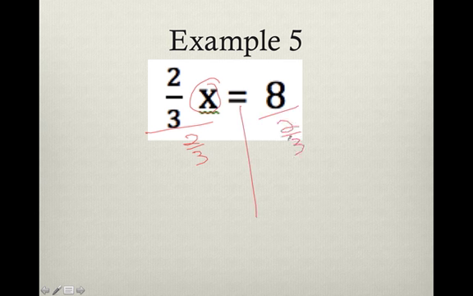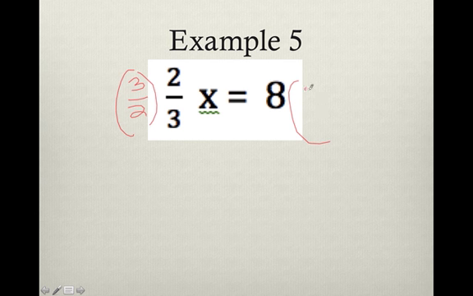If you remember, to divide by a fraction, we actually multiply both sides by its reciprocal or multiply by the fraction flipped over. I normally do not show this step because I know the next step would be to multiply by the reciprocal. So I'm just simply going to do that. Multiply both sides by 3/2.